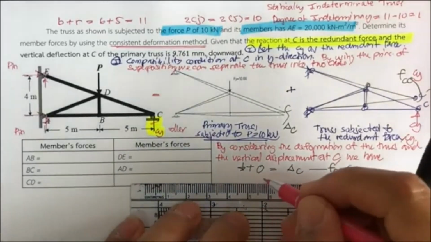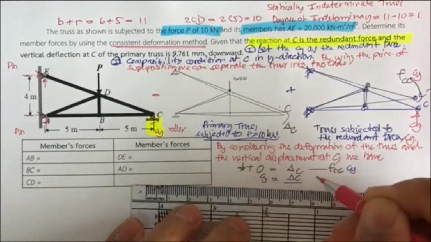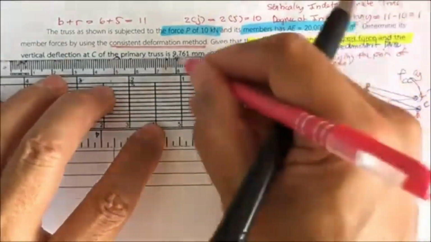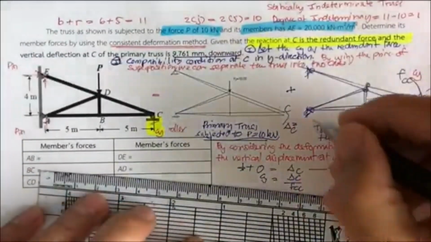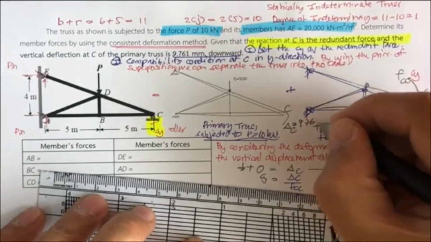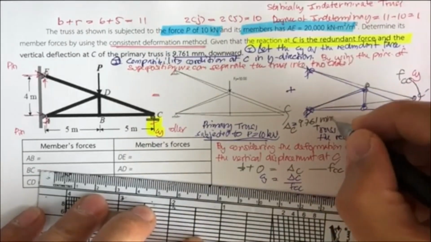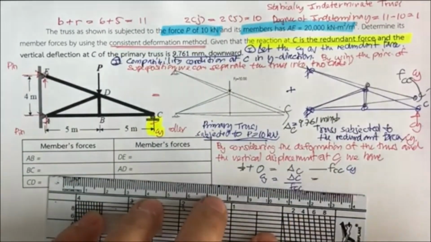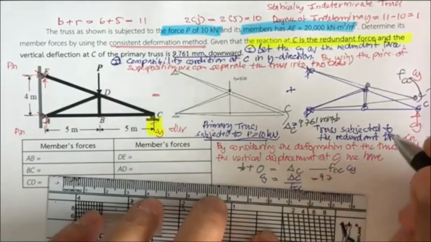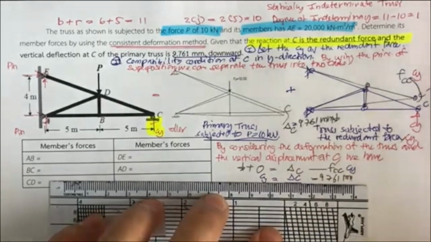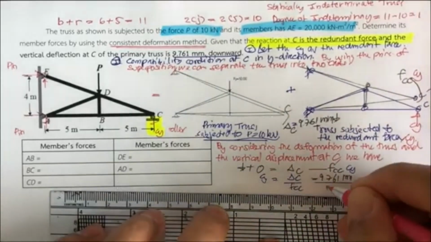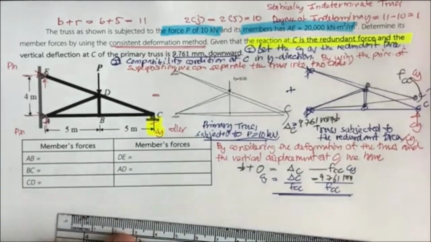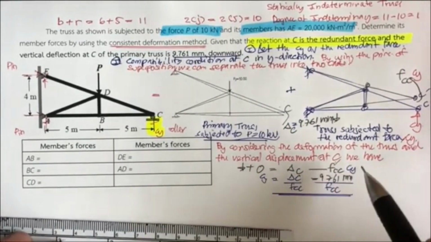So your C sub y is going to be delta sub C divided by F sub CC. And the problem gives us the deflection over here of 9.761 millimeter downward. So by doing this, we can determine 9.761 millimeter divided by F sub CC. This is going to be the compatibility condition at C in the vertical direction.